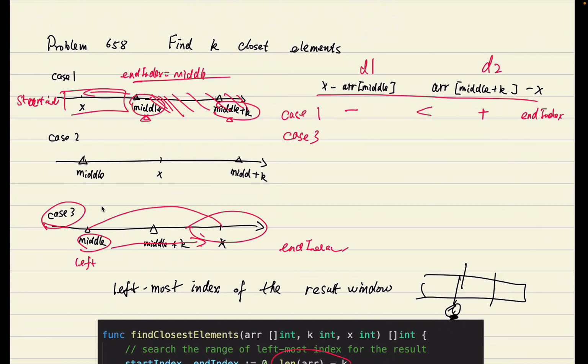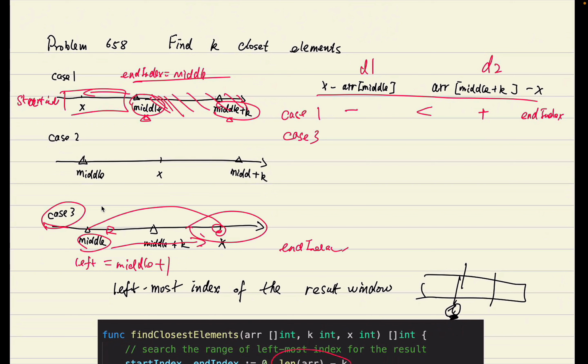So we're going to update it to middle plus 1. Why do we have a plus 1 here? Because we already know that we can move a little bit further towards x by adding 1.